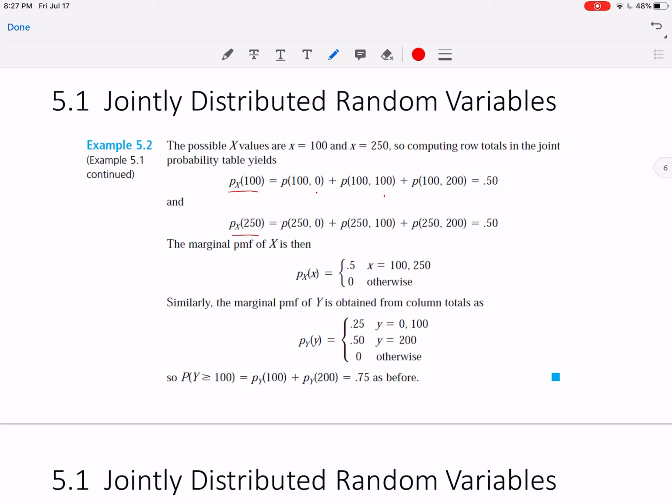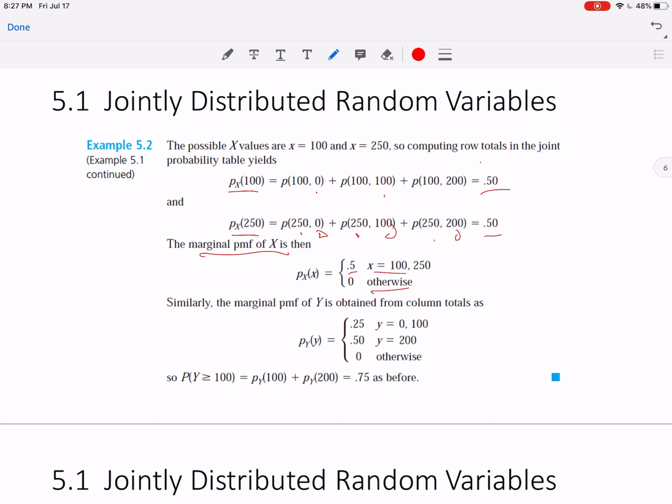If you add them all up, we get 0.5. And when x is 250, y could be 0, 100, or 200. If you add them all up, you get 0.5 as well. Since we got the same probability, we can put them together. The marginal PMF of x is P sub x of x equal to 0.5 when x is equal to 100 or 250, and 0 otherwise.